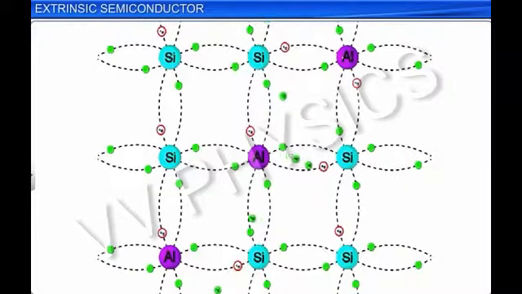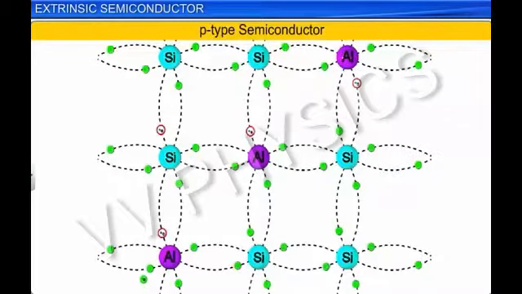Thus, such extrinsic semiconductors are called p-type semiconductors. In spite of having the number of holes NH greater than the number of free electrons Ne, the p-type semiconductor crystal remains neutral, as the charge of the additional charge carriers is equal and opposite to that of the ionized cores in the lattice.